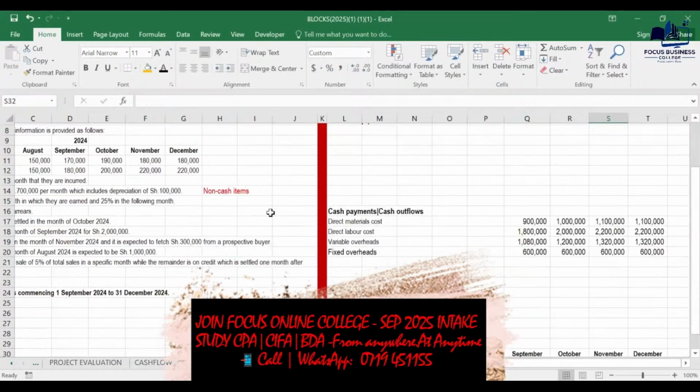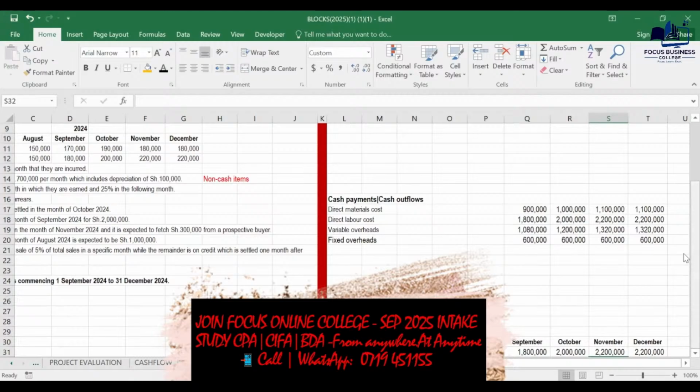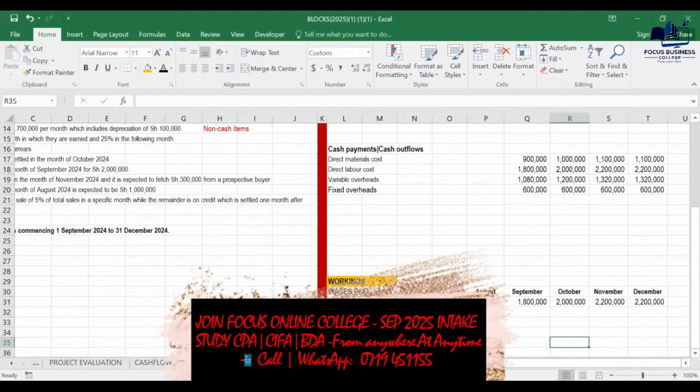Now, having that, remember this is what the company was supposed to pay, but now we want to compute the actual amount which was paid in each month. So we can compute the amount paid within the same month.